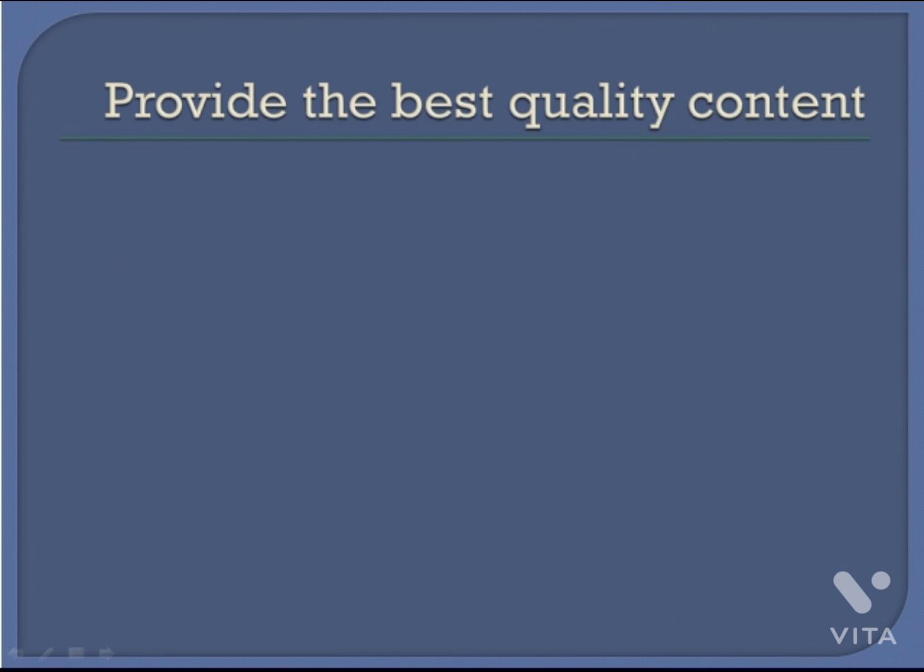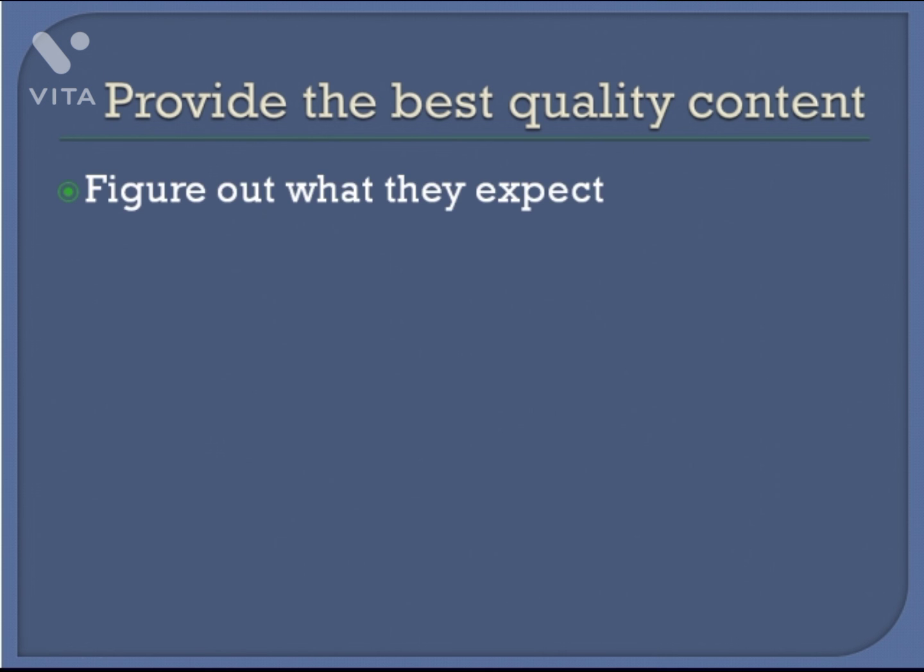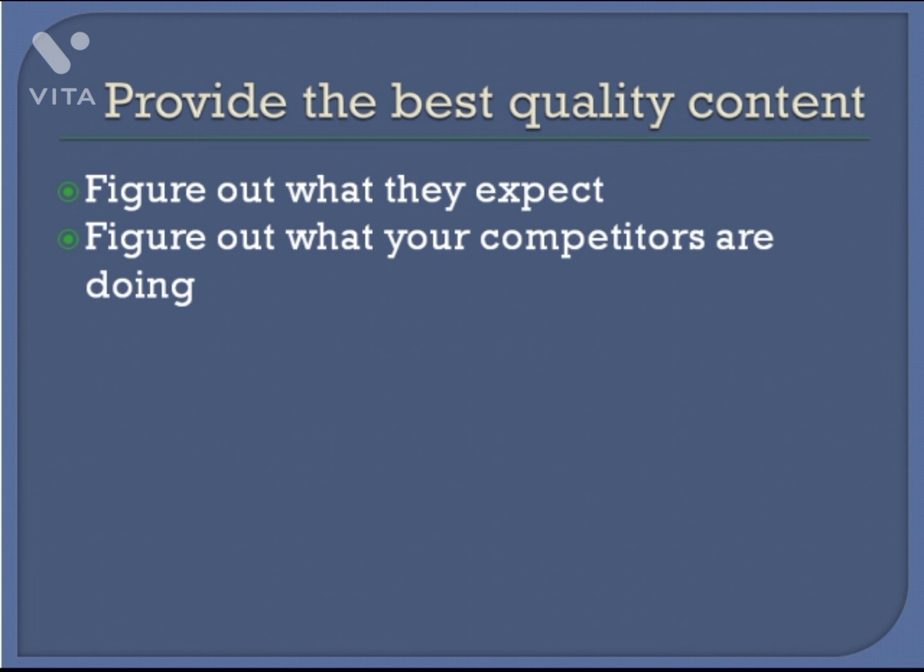Another thing you need to do is provide the best quality content. I know this is somewhat self-explanatory and you might be thinking, yeah, I know this, but you'd be surprised how many membership sites out there don't actually provide the best quality content. So you need to figure out what they expect and what your competitors are doing right now. What are they providing?